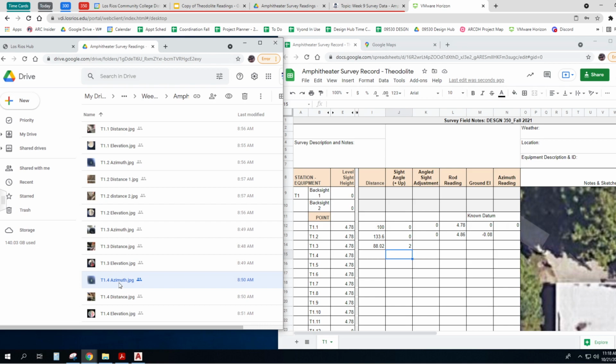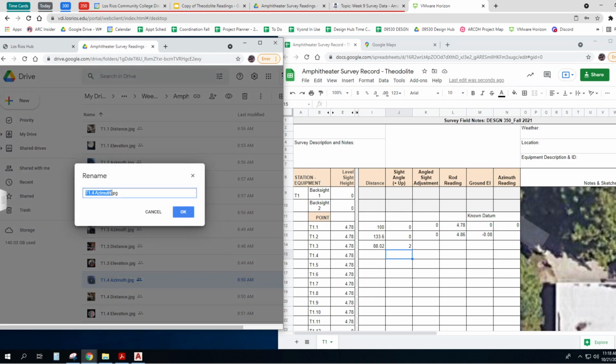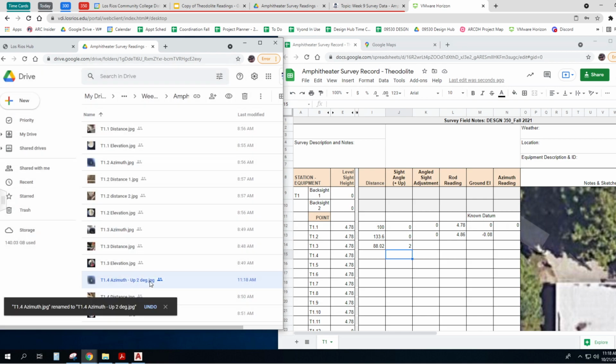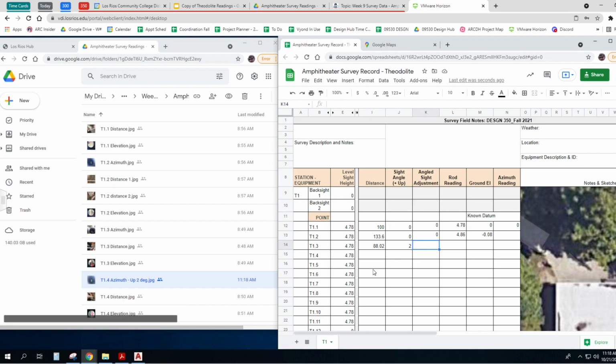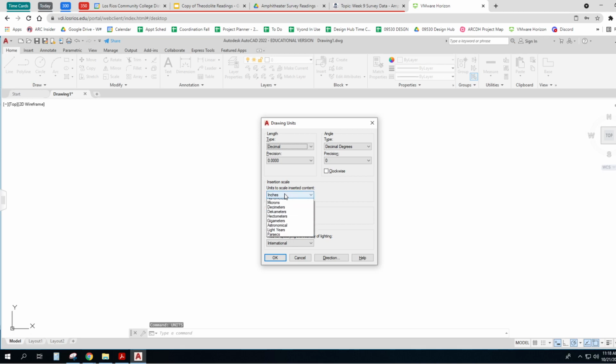So actually let me rename that azimuth up 2 degrees. That way it's really obvious. Okay, so now I have to figure out what that little adjustment is, right? So here we go. It's 88.02 and 2 degrees. Units are going to be feet.